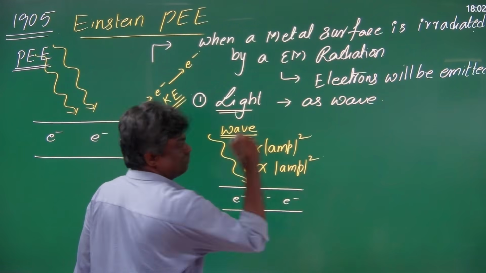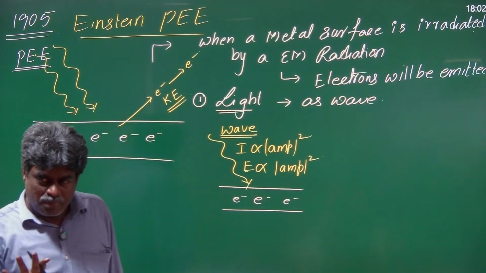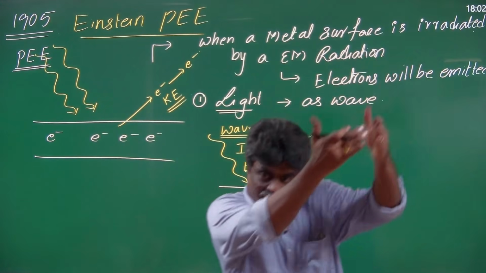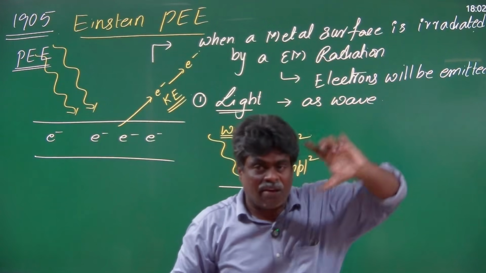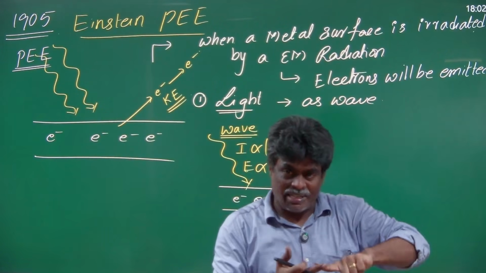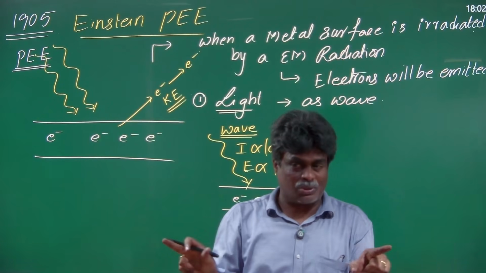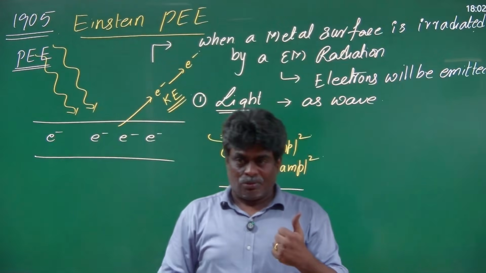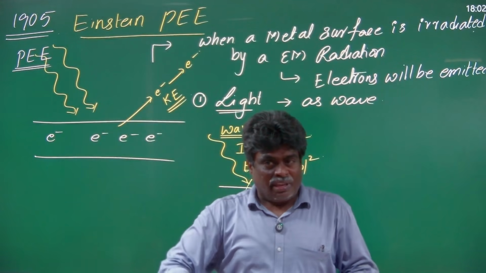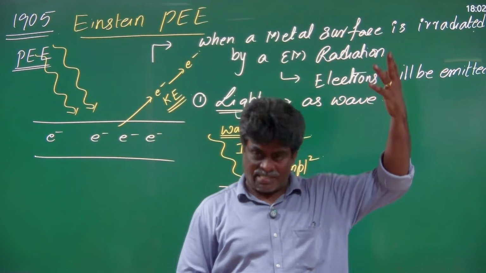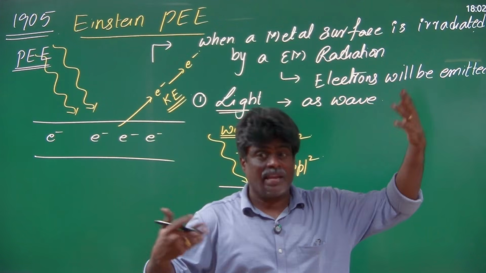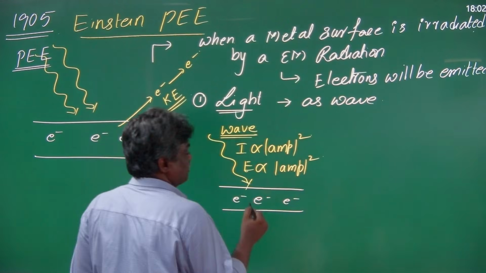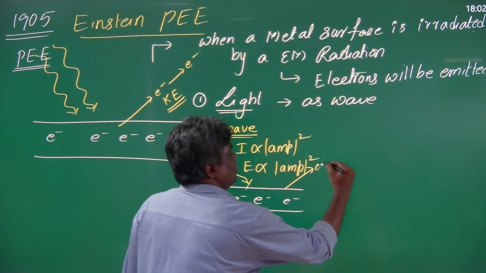Amplitude square. If you assume light behaves like a wave, then if you are sending the light, that light is having certain intensity. So intensity is proportional to amplitude square. Similarly, energy is also proportional to amplitude square. Cool. That means what? If you send with high intensity, you are sending with a high energy. Say yes or no? Yes. Good. Now listen. Okay. So what happened?